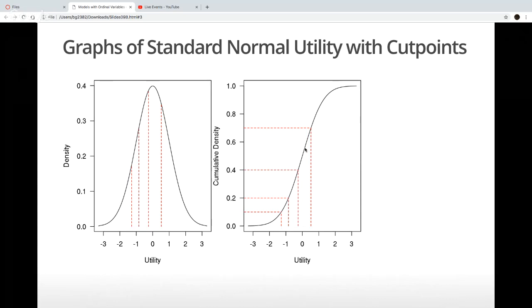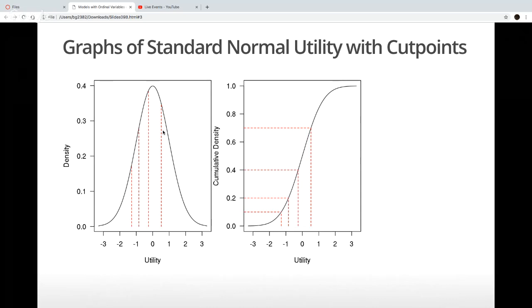If we have no predictors, that difference between cut points on the CDF scale is just going to be the probability of you answering in any of the 5 categories. If we're talking about cutting through the PDF, then the area between thresholds is the probability of someone answering in those categories.